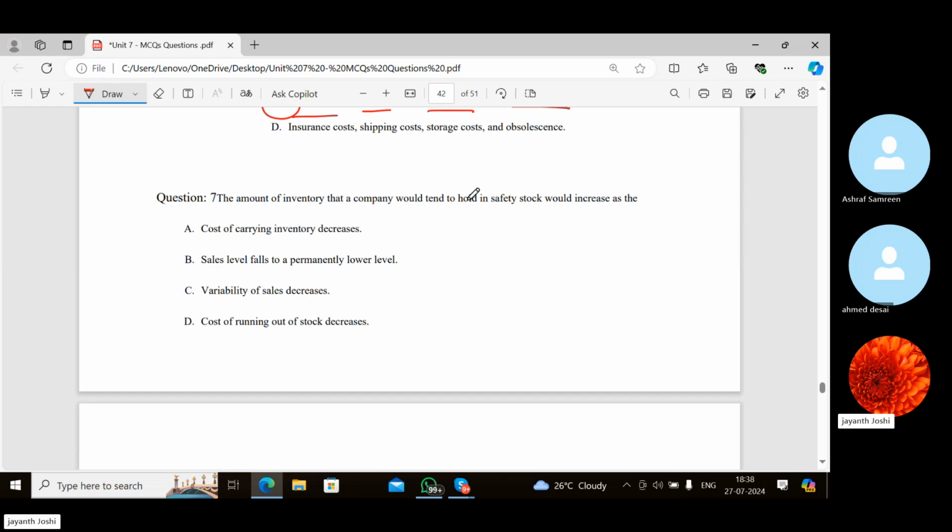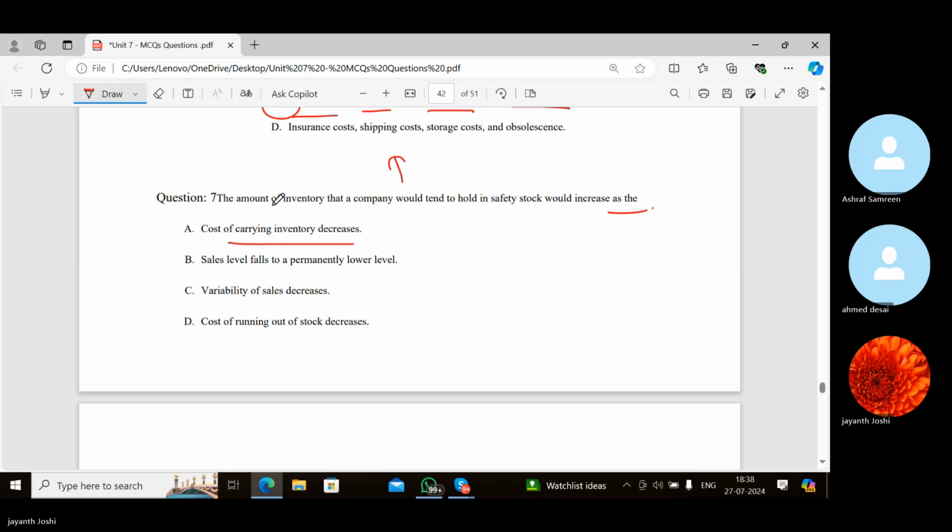The amount of inventory that a company would tend to hold in safety stock would increase as the dash. See, the amount increases if the cost of carrying inventory decreases.